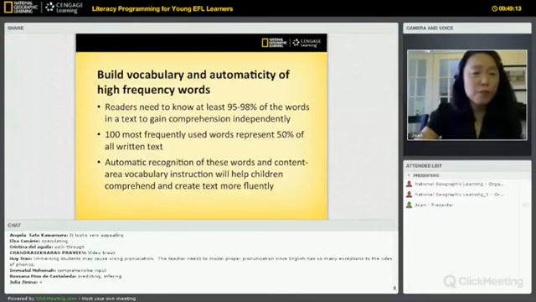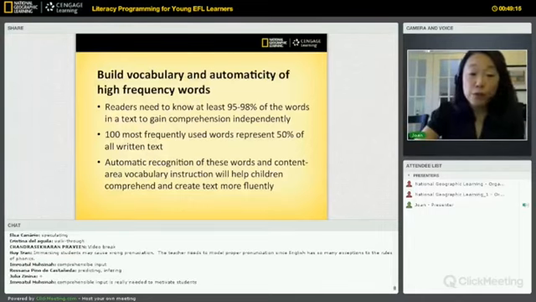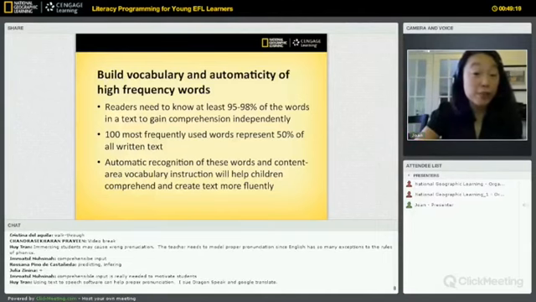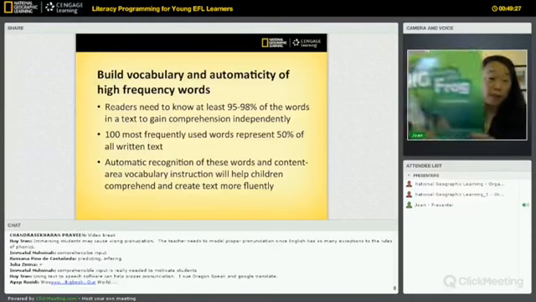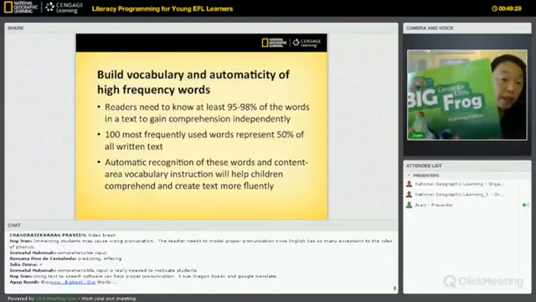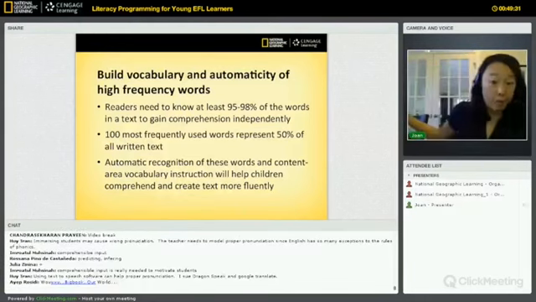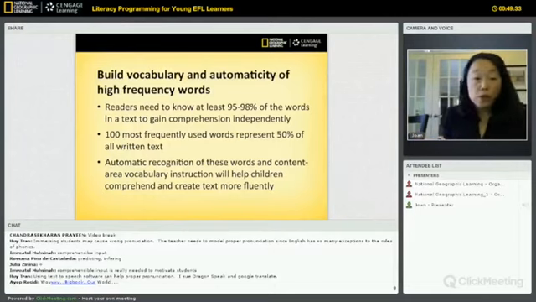Now, you may know this, but the 100 most frequently used words in the English language actually represent 50% of all written text. That's all. Okay, and most of the books that have been written for children, especially in our series, for example, use these frequently used words.